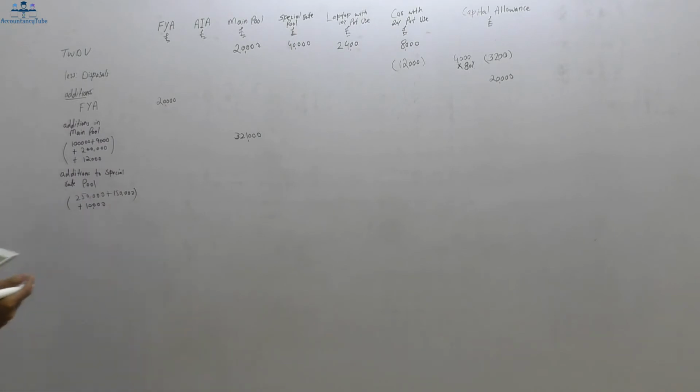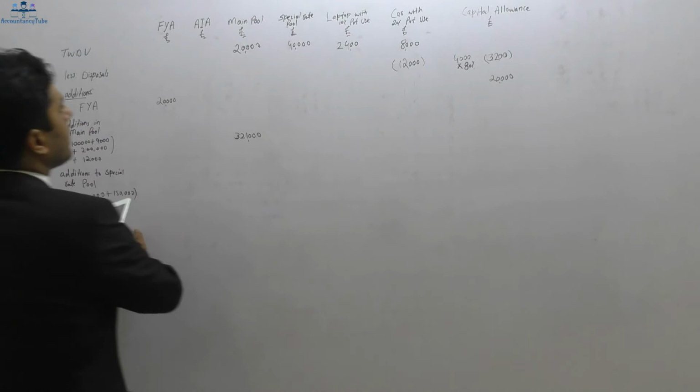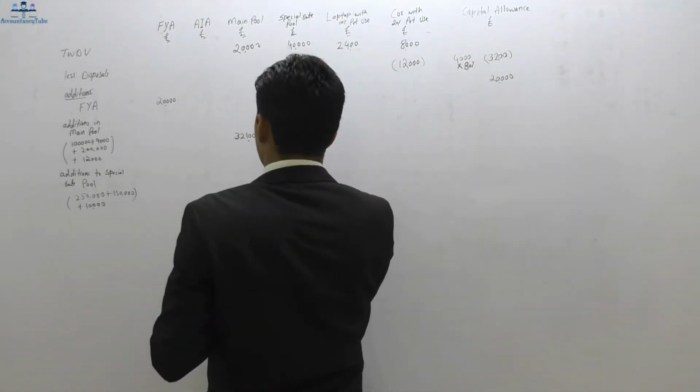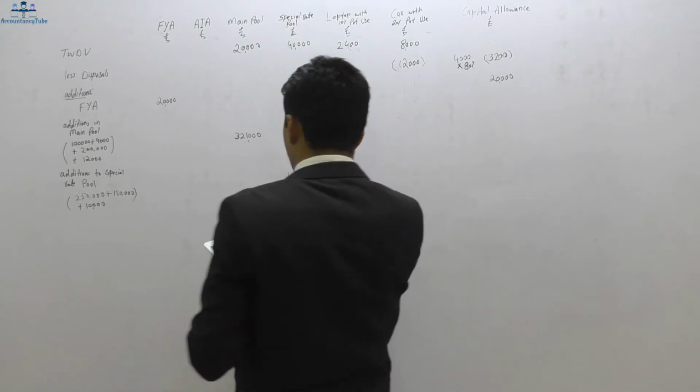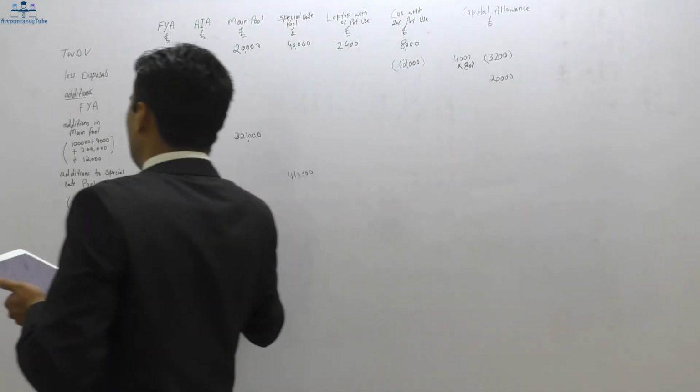So that is £410,000. So £410,000 will go into the special rate pool.